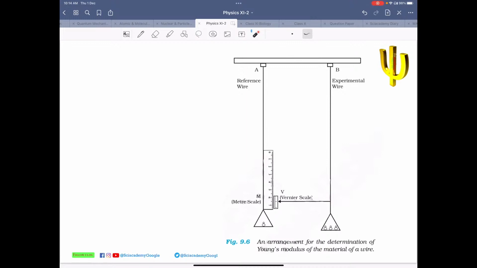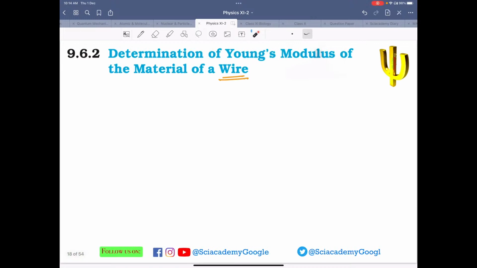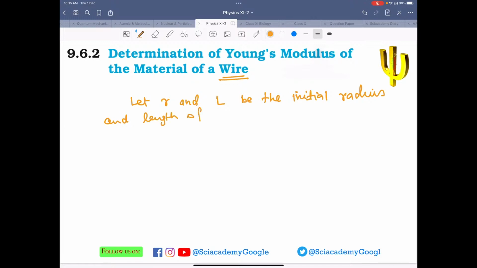Now let r and L be the initial radius and the length of the experimental wire.